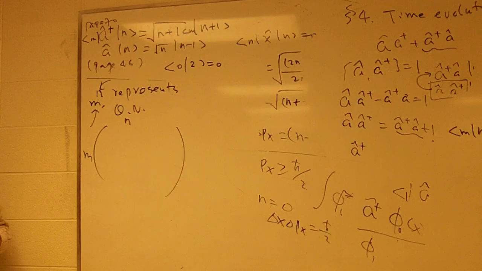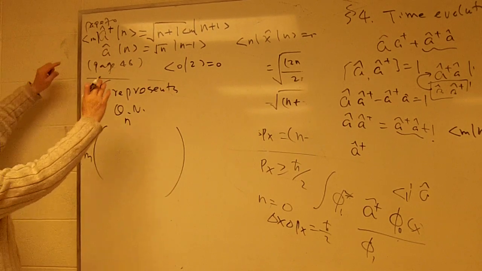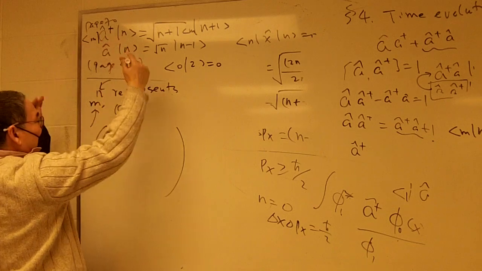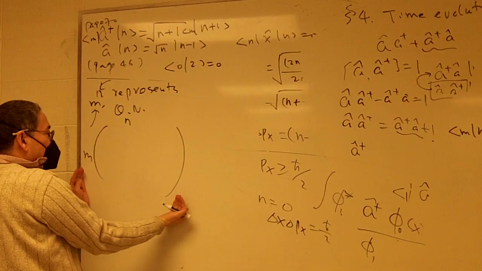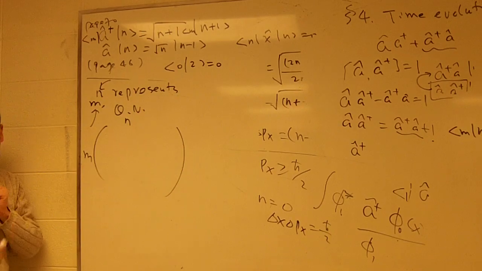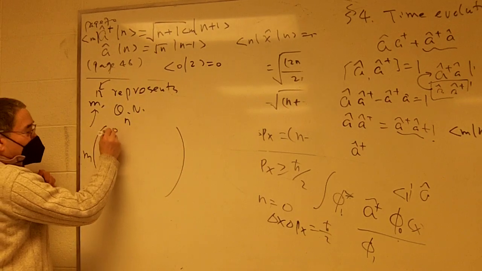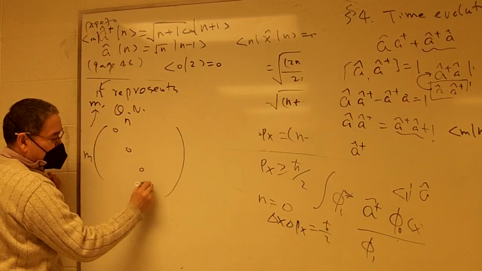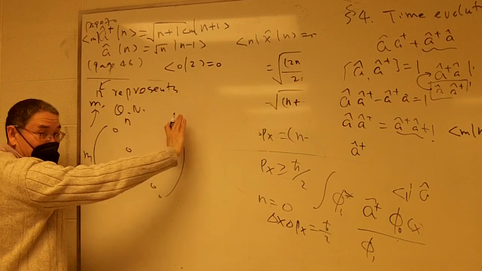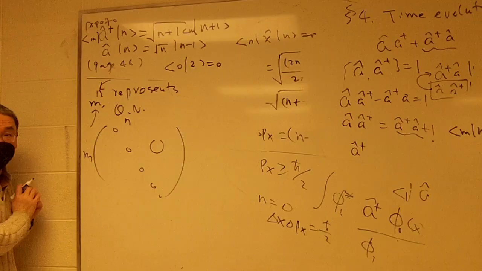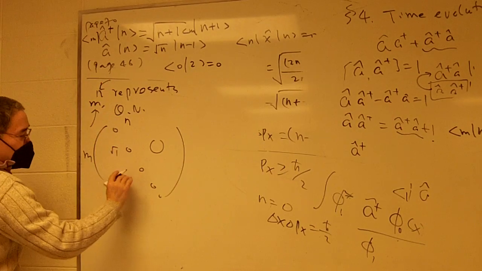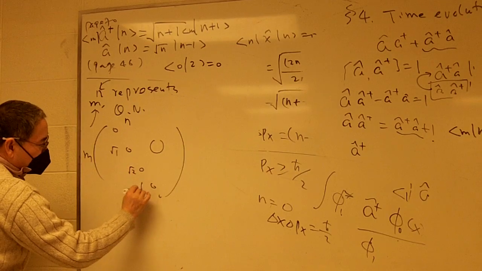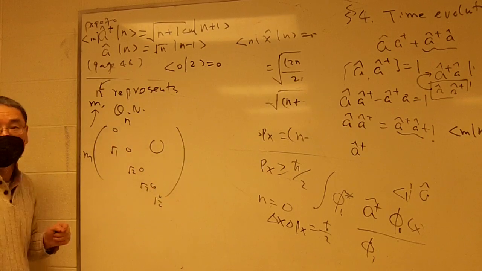Essentially what I did was I represented this A dagger operator in the basis of the eigenfunctions of the harmonic oscillator, so that I have these matrix elements. You see all the diagonal terms are zeros. All the upper part will be all zeros. And then the adjacent part will be square root 1 here, then square root 2, square root 3, square root 4, and keep on going like this.